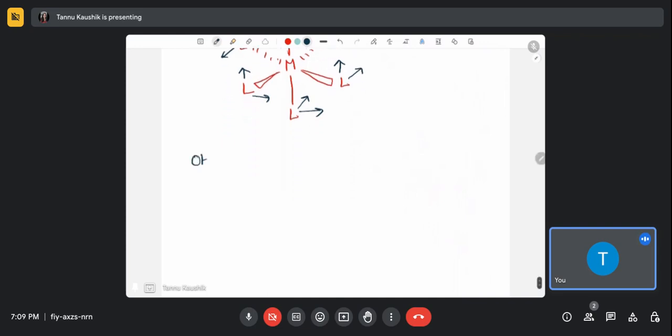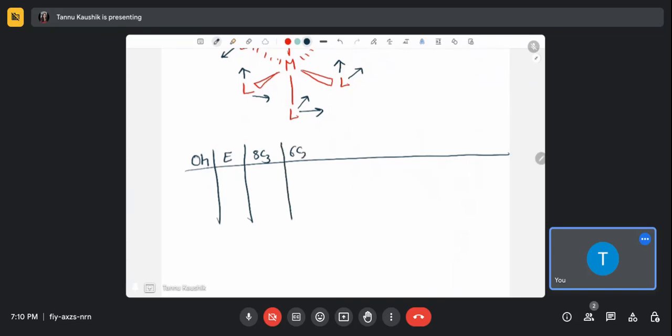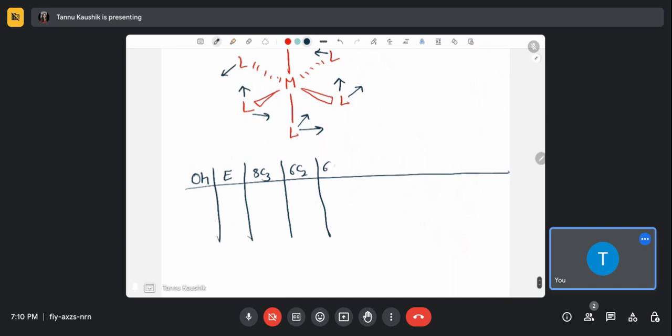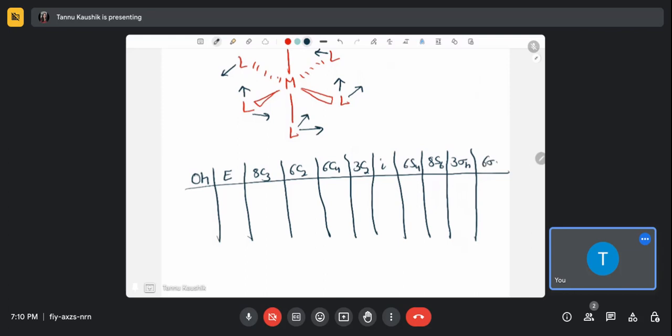So if I write it: E, 6 C4, 3 C2, i, 6 S4, 8 S6, 3 sigma h and 6 sigma d.